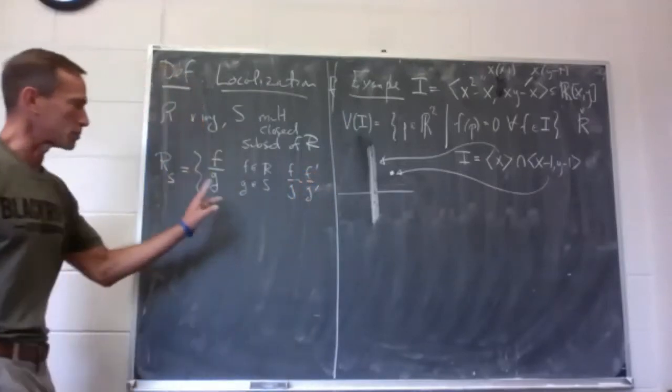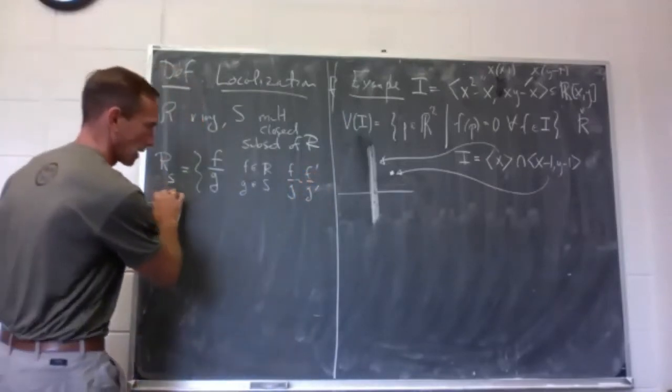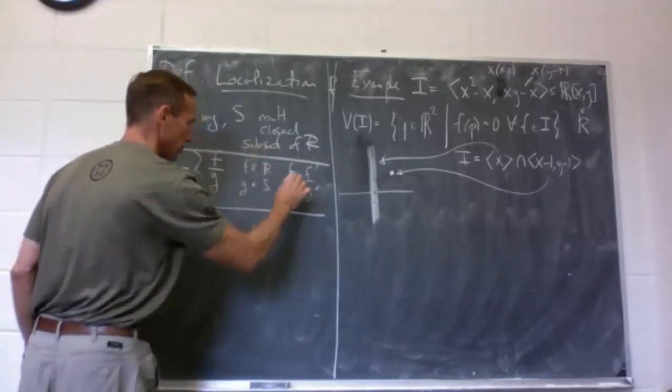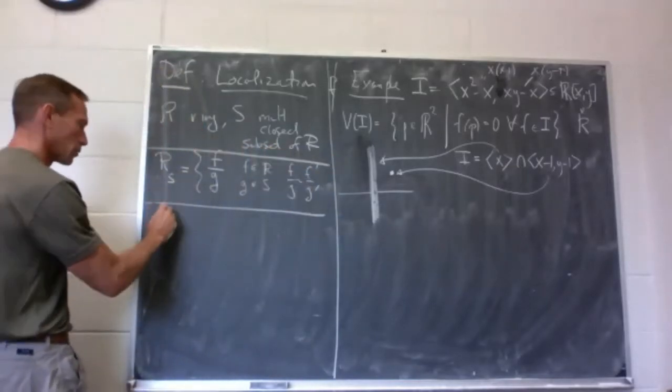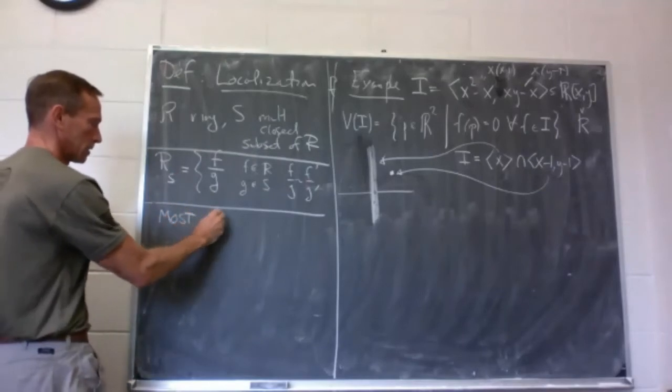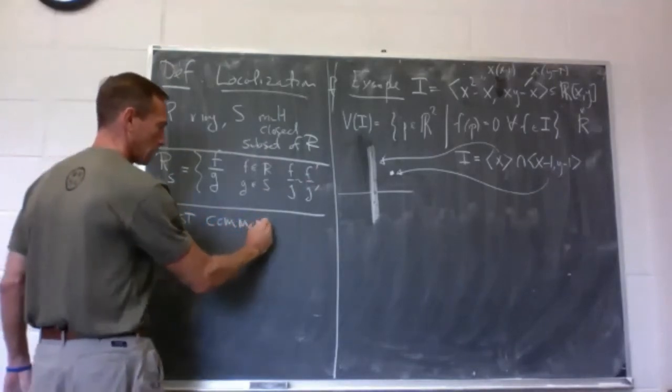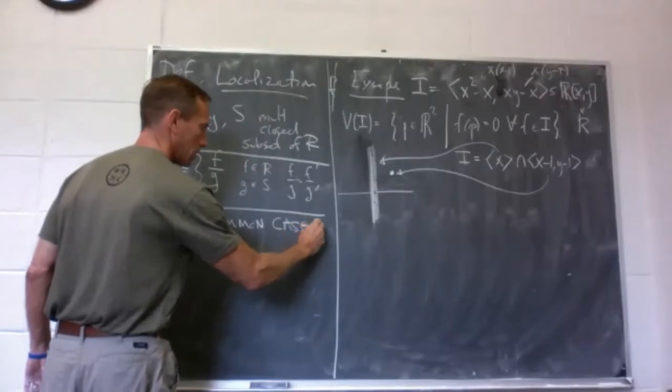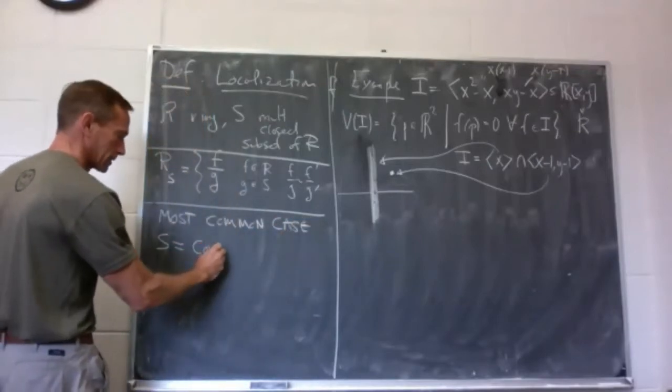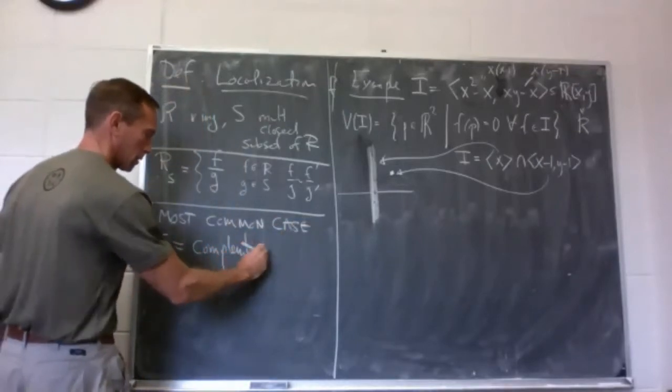And it's just cross multiplication. So I'm not going to write that out. But here's the first example of localization, and actually the most common case, is where S is the complement of a prime ideal.